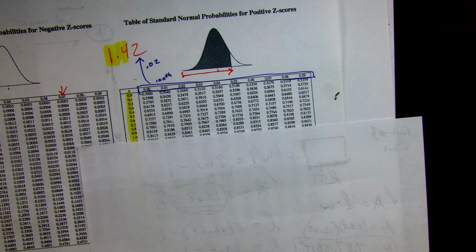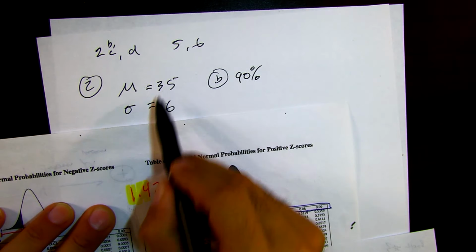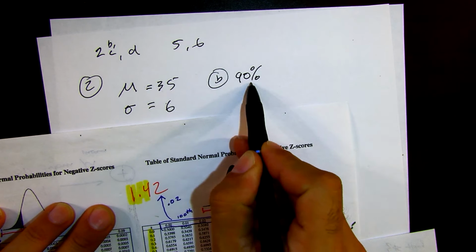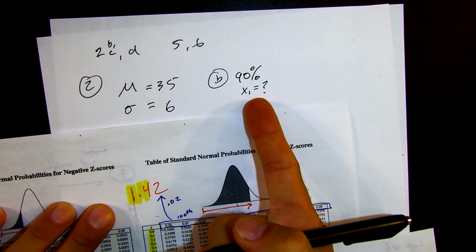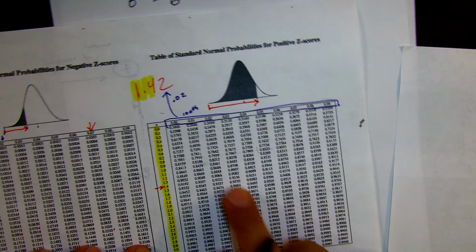Let's go ahead and look at it one more time. From number 2, I already wrote down that I knew my mu and my sigma. I'm trying to find what value will give us the 90th percentile. When we're talking about percentiles, we're talking about these numbers on the inside.